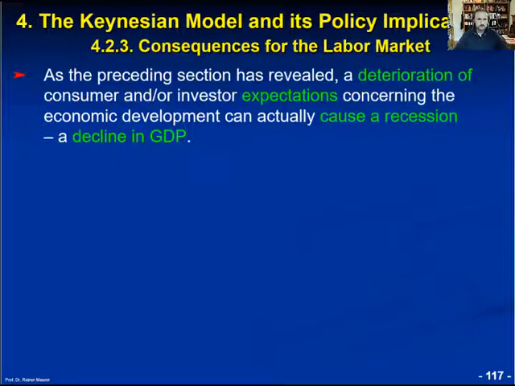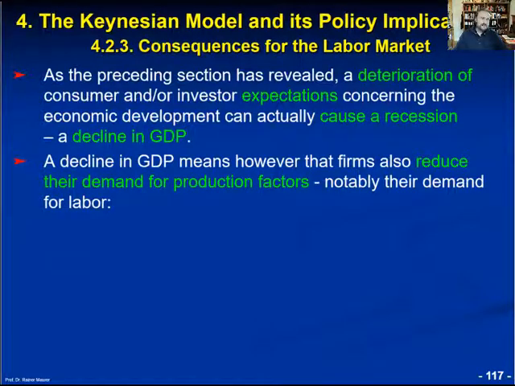As the preceding section has revealed, a deterioration of consumer and/or investor expectations concerning the economic development can actually cause a recession, a severe decline in GDP. A decline in GDP means, however, that firms also reduce their demand for production factors, and notably the demand for labor.